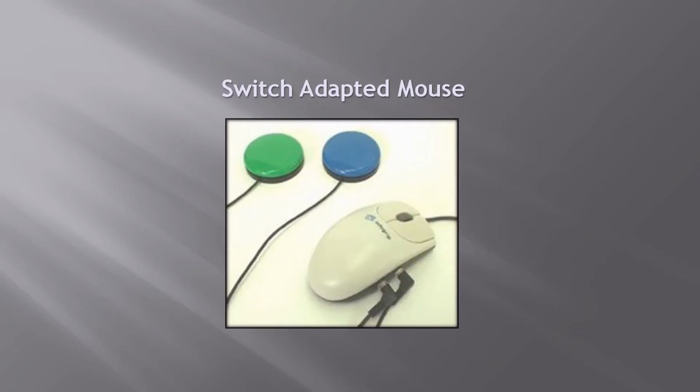This is a standard switch-adapted mouse, which means it has been adapted so that the ability switches, like the two shown in the picture, can be plugged in for easier access of the left and right mouse click features. There are wireless versions of this mouse in the Assistive Technology Lending Library.